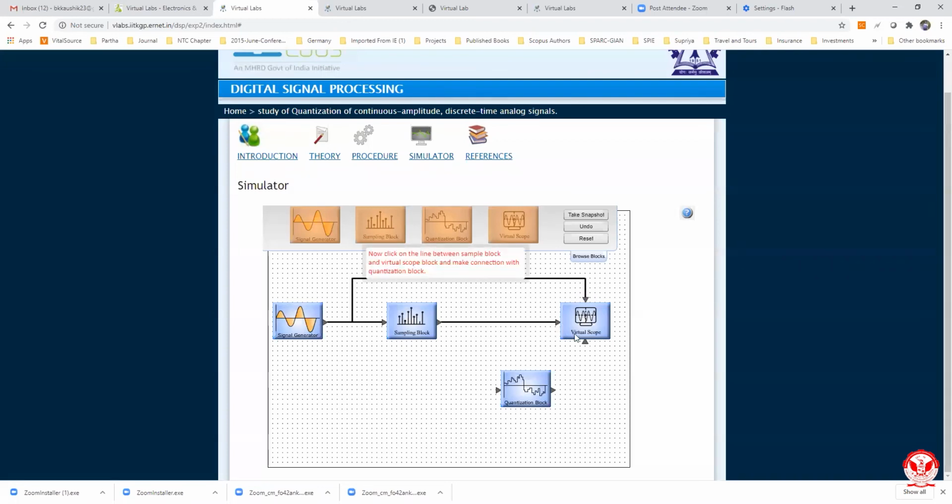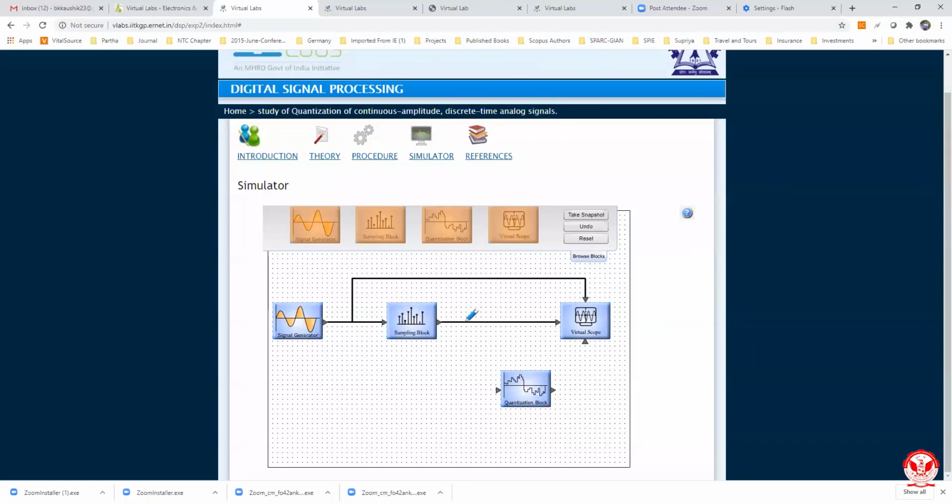Similarly, the virtual scope gets output from the quantization block. For the quantization, we quantize the samples that we are obtaining from the signal generator. We don't have any port here. The interconnecting lines between the virtual scope and the sampling block act as a port-like structure.